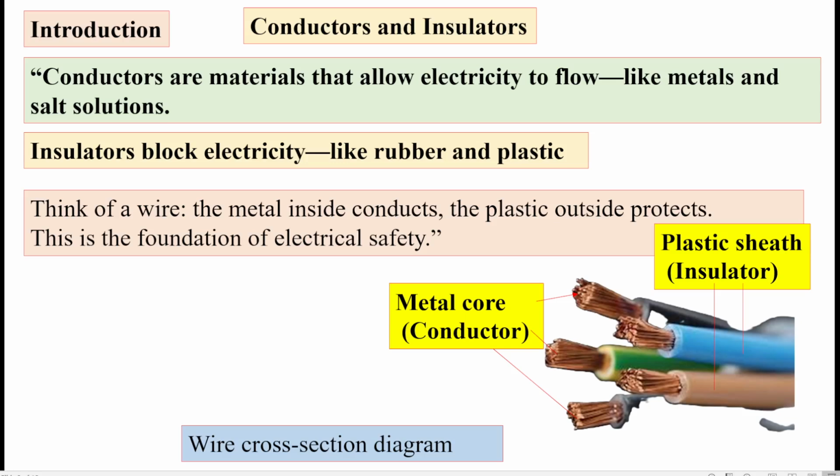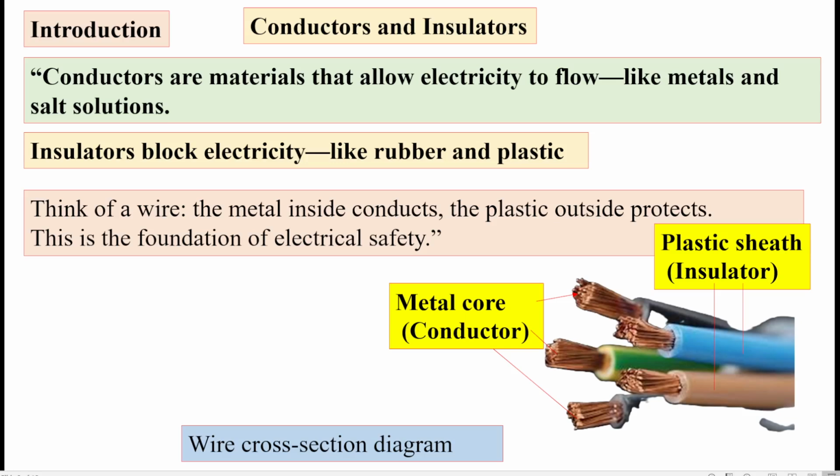Now just think that you are very safe using electricity because the electric wire is made up of metal, which acts as a conductor and allows the electricity to flow, and it is surrounded by a plastic sheath, which is an insulator. That is the foundation of electrical safety.